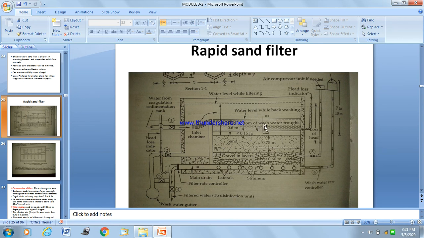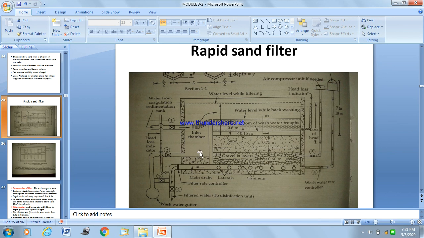So all the particles filled in the sand voids can be removed by the backwashing. This water you have to remove.